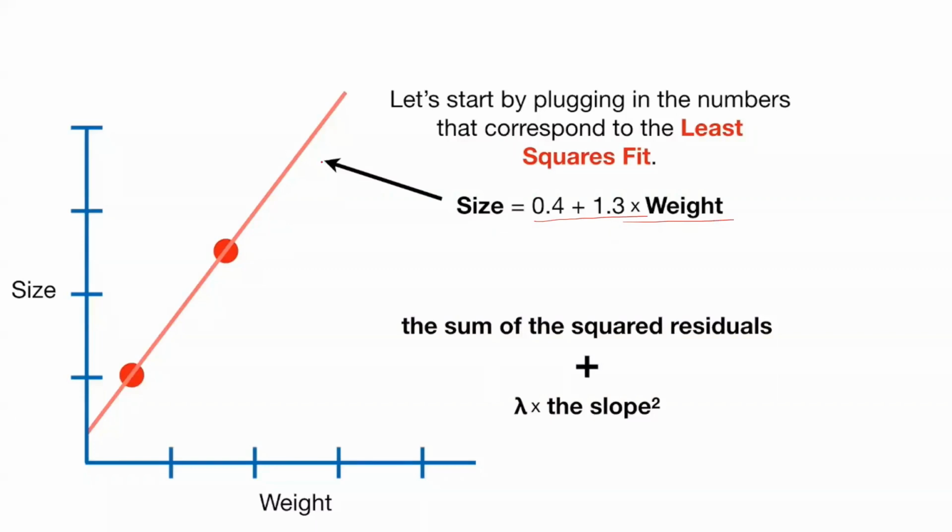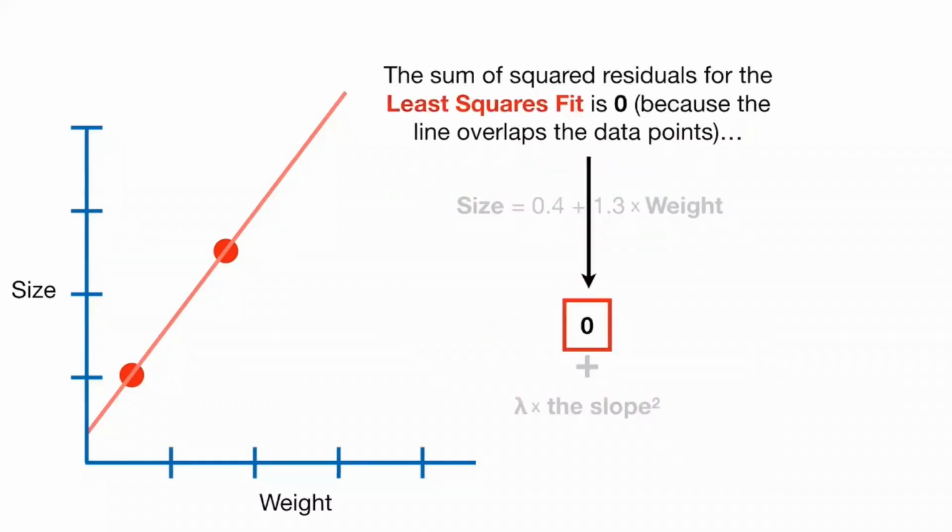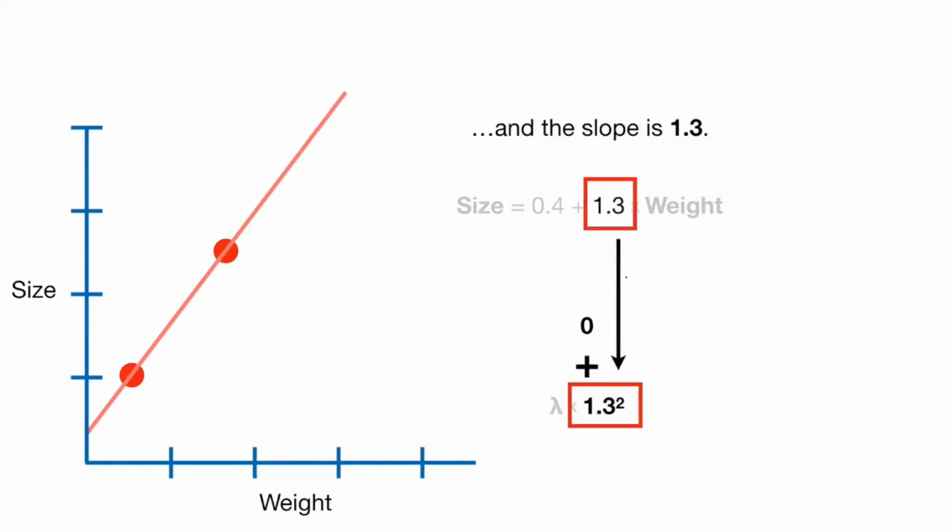Since this is the least square fit, there is no difference between the predicted value and the observed value, so the least square value is 0, and the slope value is 1.3. So ultimately we will add 1.3 square as the value, and we'll take lambda equals 1 for now.